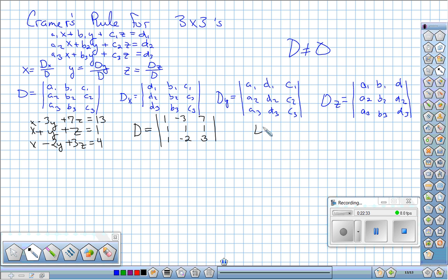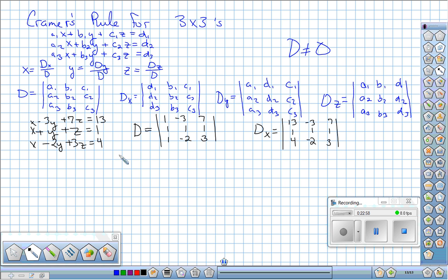My Dx is equal to my D column first. So I have 13, 1, 4. Then I have my B column, so negative 3, 1, negative 2. And then I have my C column, which is 7, 1, 3.